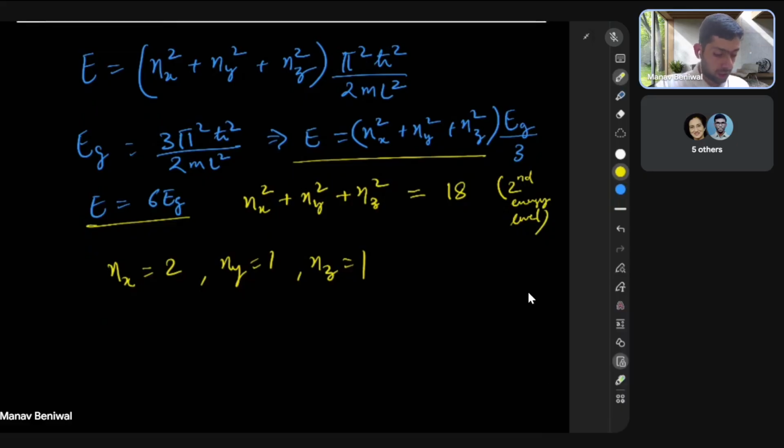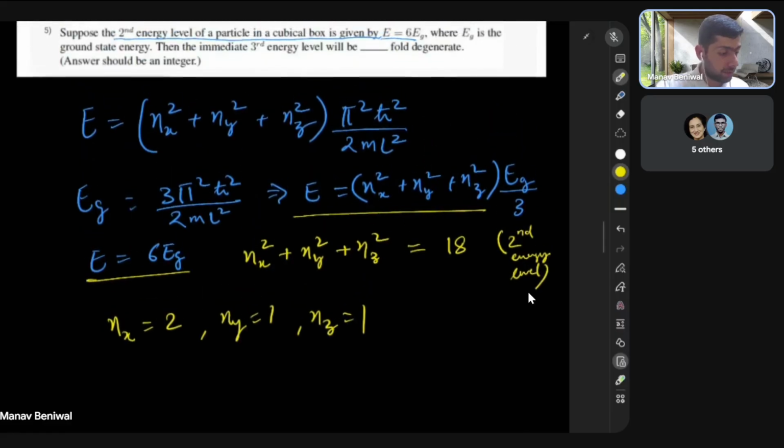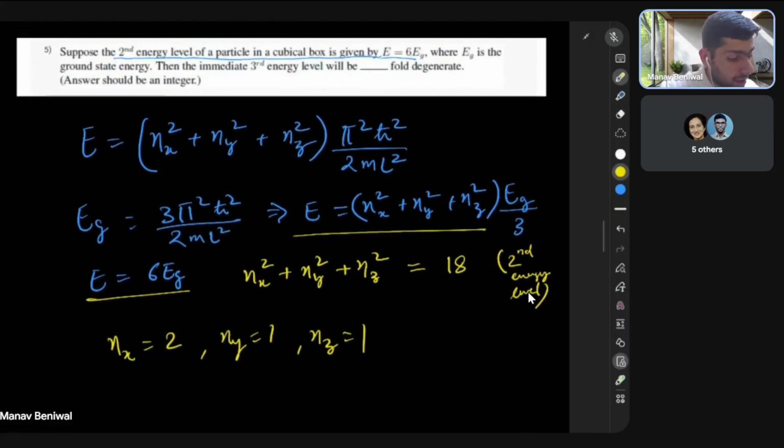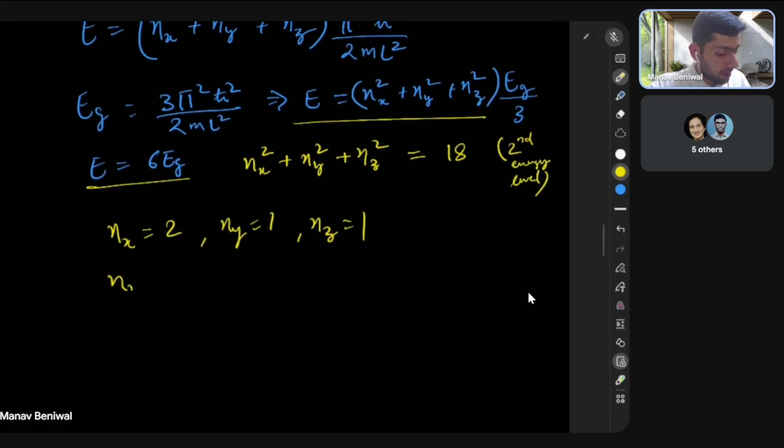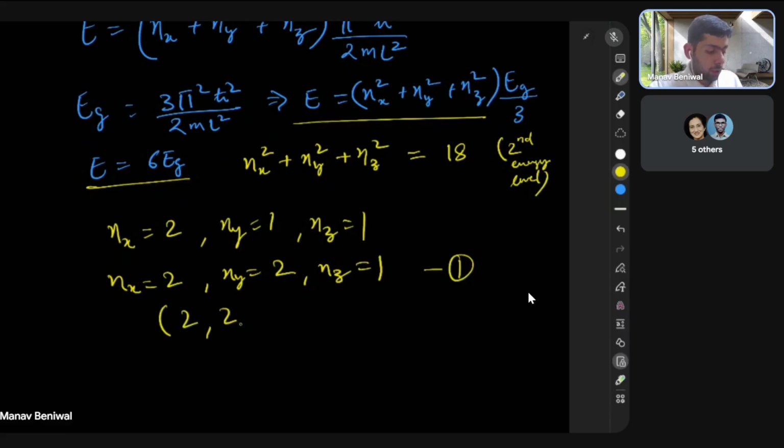For the immediate next level, as it is written here, the immediate third energy level will have nx is 2, ny is 2, and nz is 1. This is one way of getting to the third level. I can simply write it as 2 2 1.